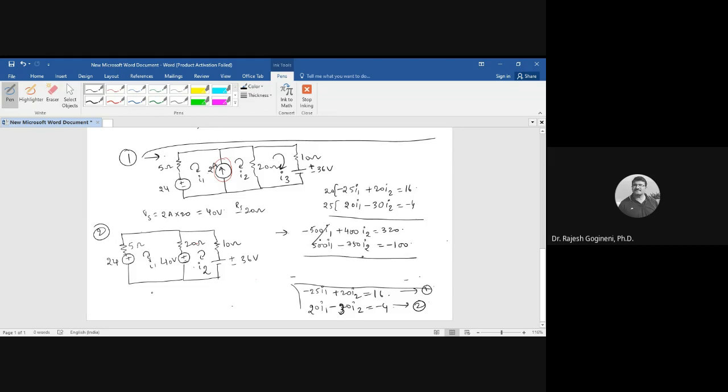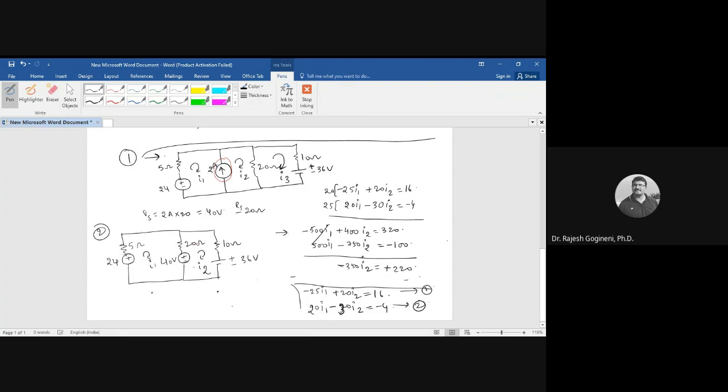Right? So this is 750 minus 400, 350. Minus 350 I2 is equal to 320 minus 100, 220. Right?